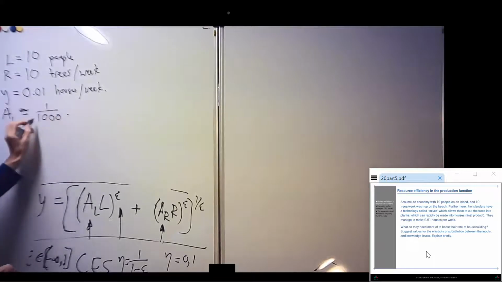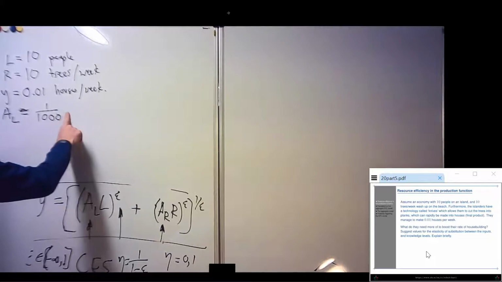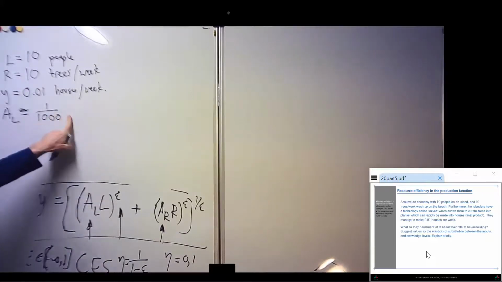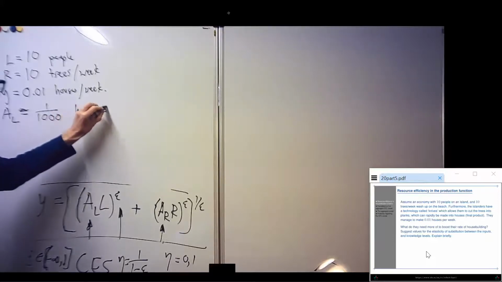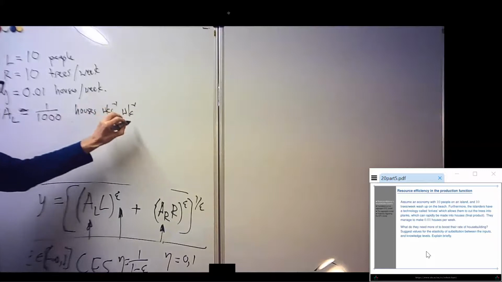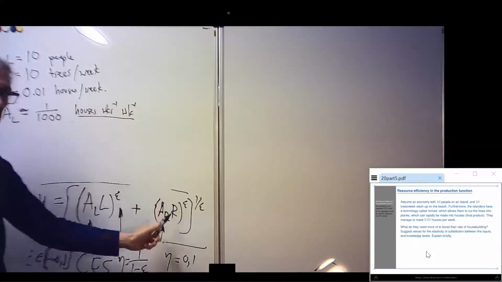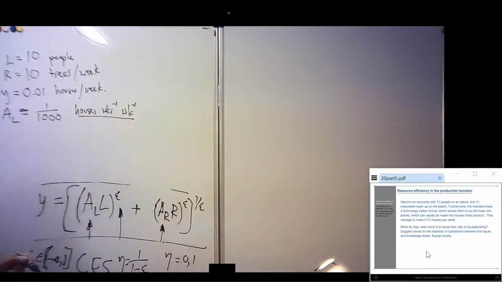We've got very low labor productivity. It's 0.001 houses per worker per week, assuming an excess, a huge supply of trees. Okay.